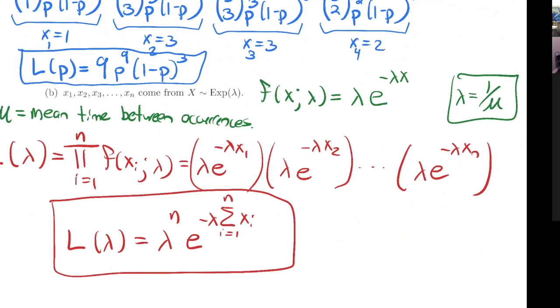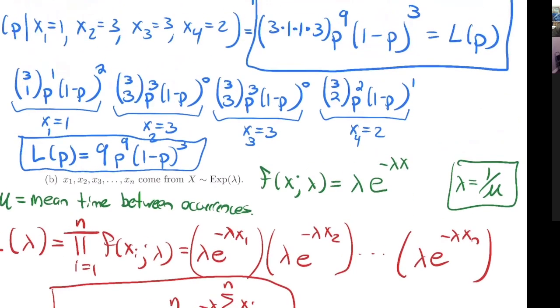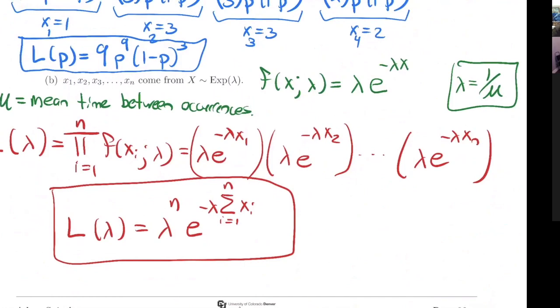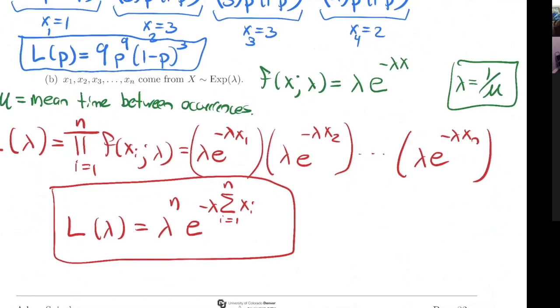So just doing some algebra, we could simplify that, group all the lambdas together, and then add all of the powers of the exponent e together. Okay, any questions about how we derived those likelihood functions?